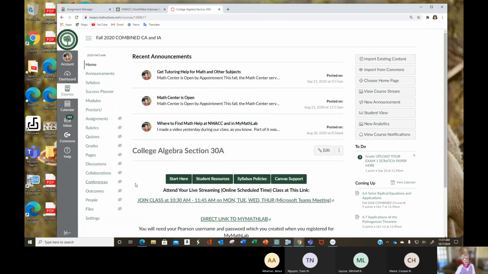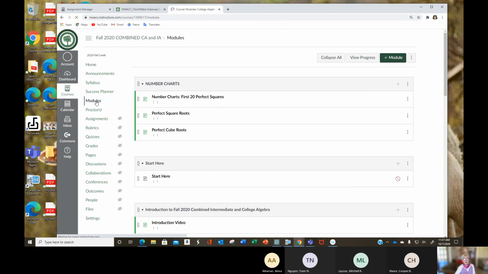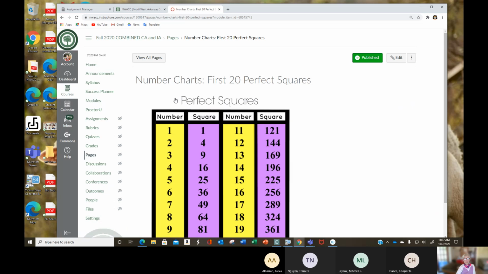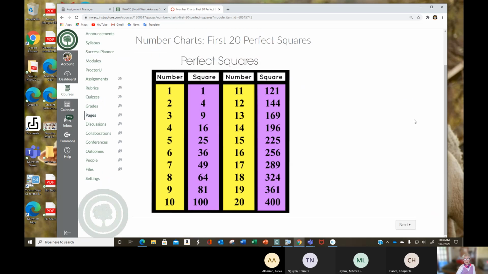Okay. Here we are in your Canvas class, and I'm going to click on modules. And right up here at the top is number charts. If you click on number charts, the first 20 perfect squares, you will see a list of numbers and their squares.